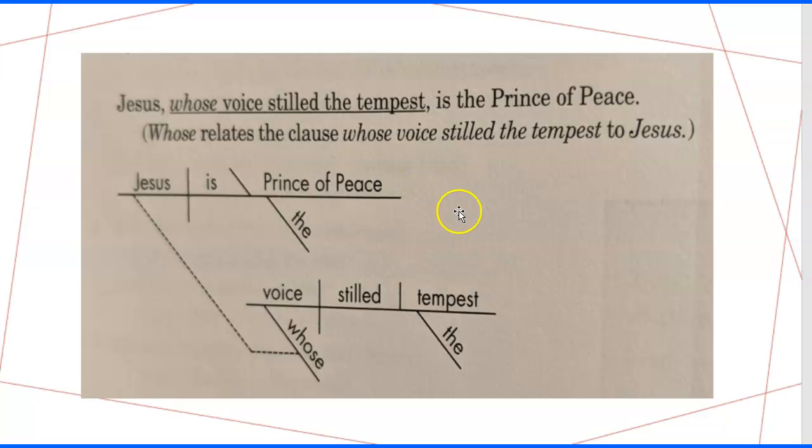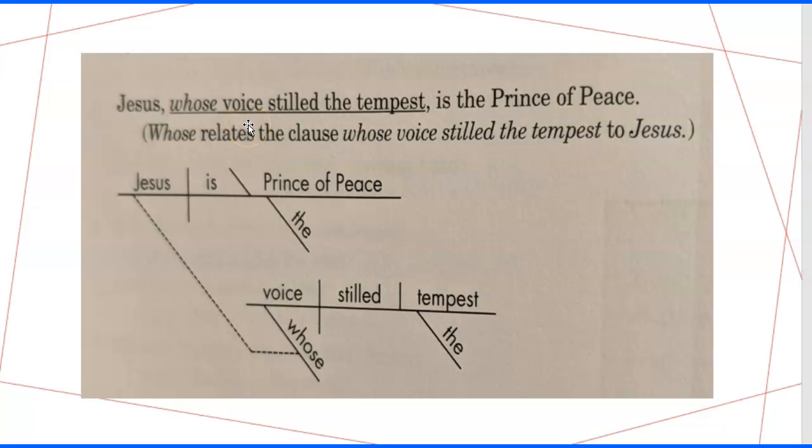Then we just have to figure out how to diagram the next piece. We know there's a dotted line that's going to go down here. And we know that we're going to have another straight line. We just have to figure out what is what. So then we have whose. Now, if we are remembering correctly, whose is going to be possessive. And it's going to be a possessive adjective.